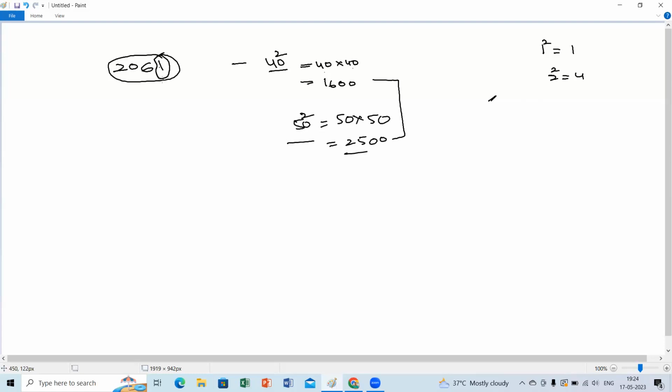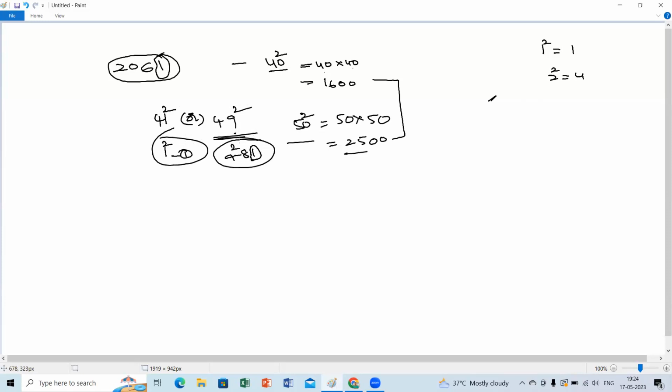You can randomly check whether 41 square or 49 square. Why? Because when you get units place as 1, 9 square is 81, then you will get units place as 1. 1 square also gives 1 as units place. That's why we are checking with these two conditions only.